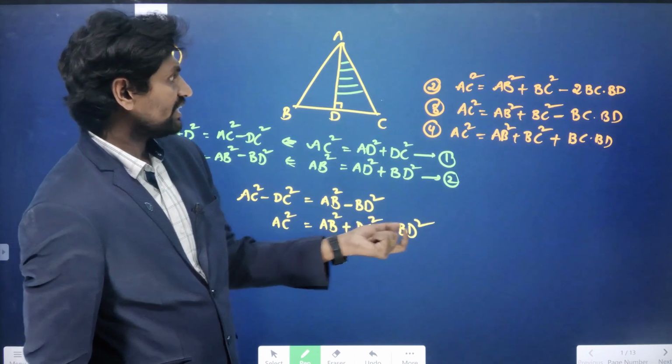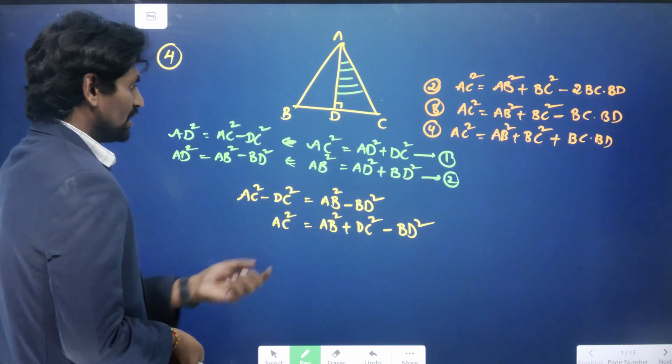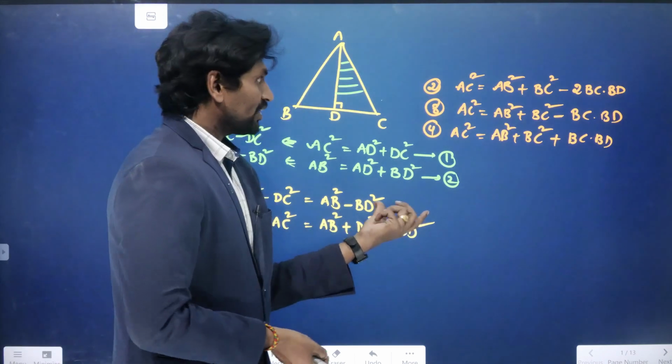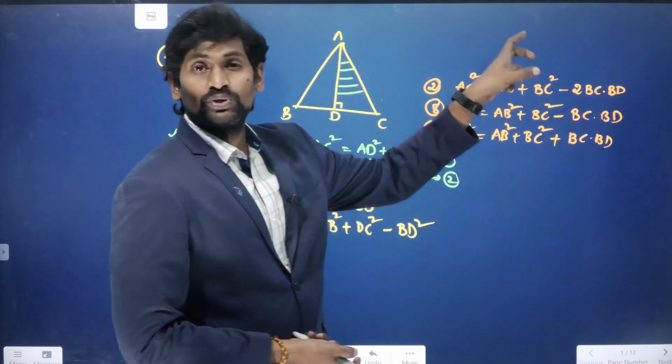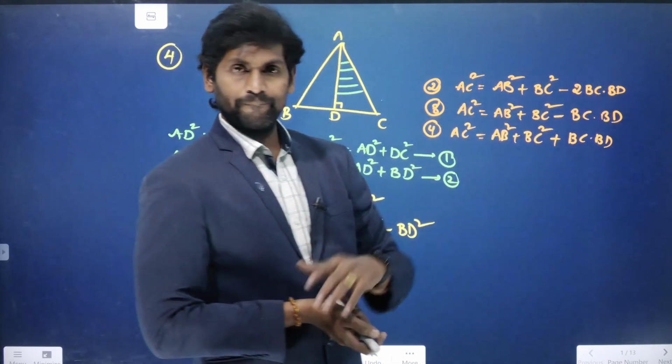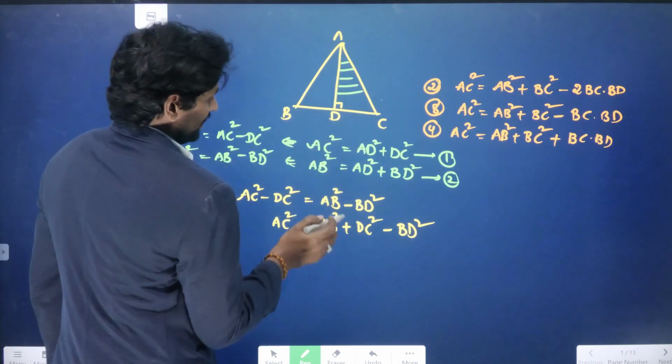Still we need to get BC square and BC into BD. So we need to try to get these terms in BC and BD.